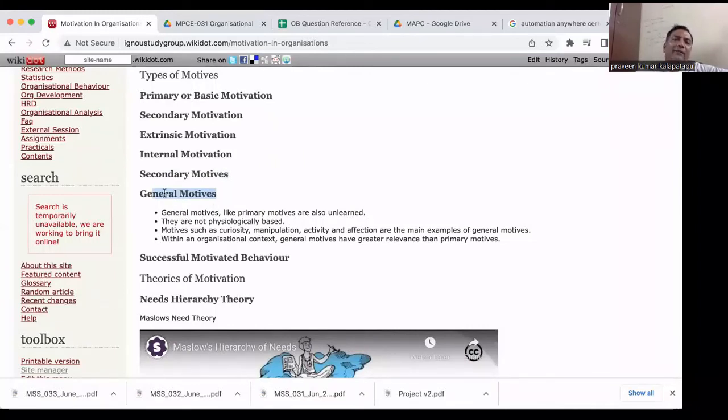But basically, general motives are not really psychological or physiological needs, but still you consider them as primary motives, like curiosity. Curiosity is the general nature of everybody, but it is not really something like hunger. So general motives are there with everyone, but they are not really physiological needs.